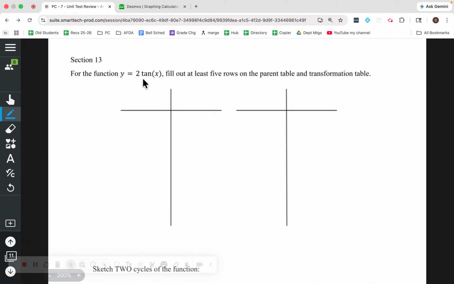Before you graph tan, you've got to remember two important facts about how to graph tan and fill out the parent table. One is that tan angles go from negative pi over 2 to positive pi over 2.